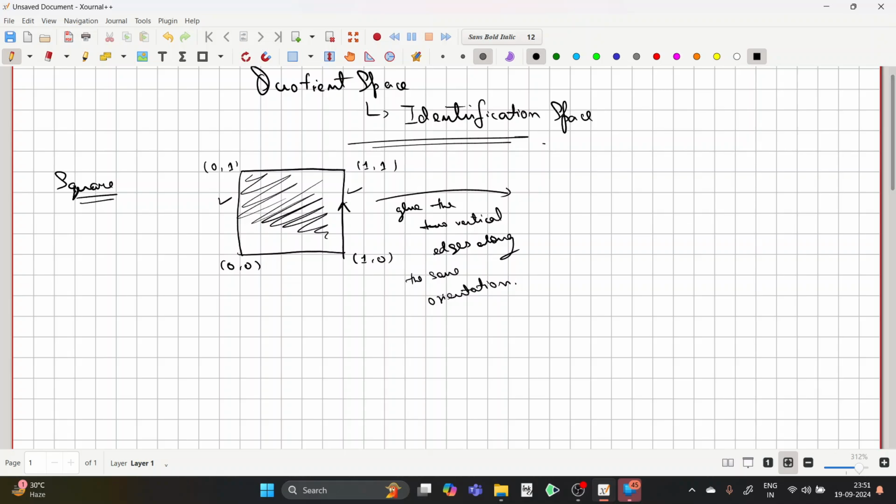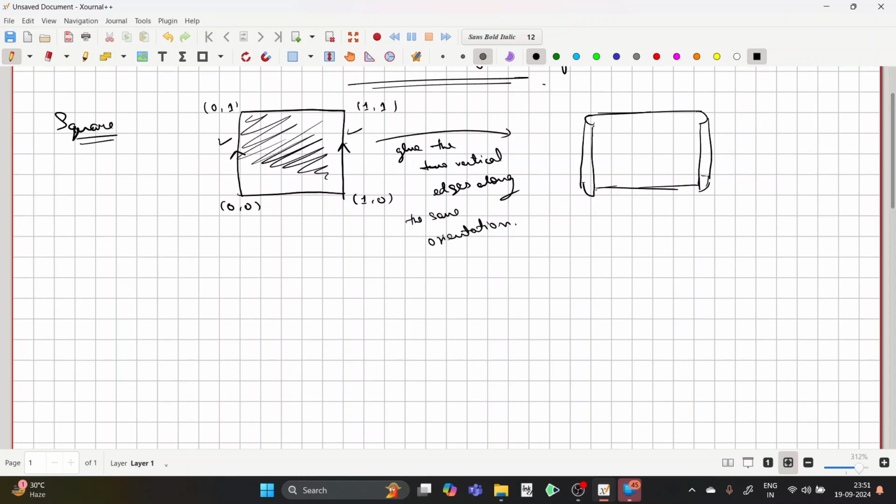So what I do is basically I start with this rectangle and I just twist the edges. I start to roll these edges of the square, and I bring them together. I bring this edge and this edge together, and I glue them up.